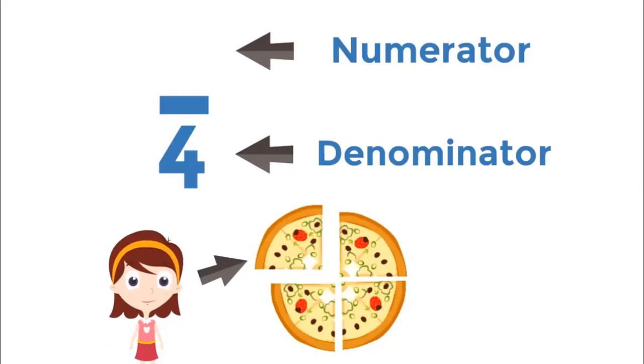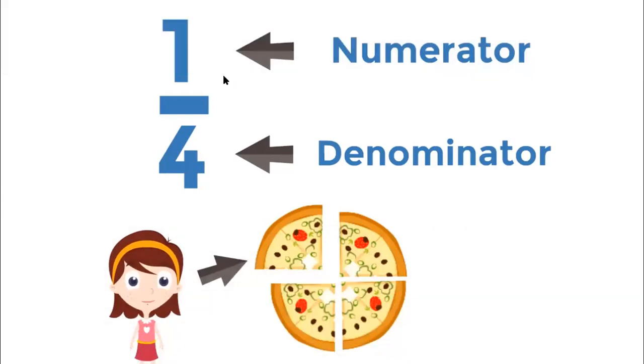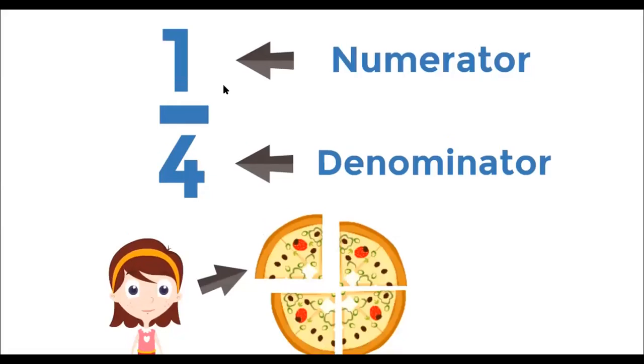The numerator, or the top number of the fraction, is the number 1 because Kelly is having 1 part or 1 piece of the pizza. Kelly is having 1/4 of the pizza. Pretty simple, pretty fun. Fractions are awesome.